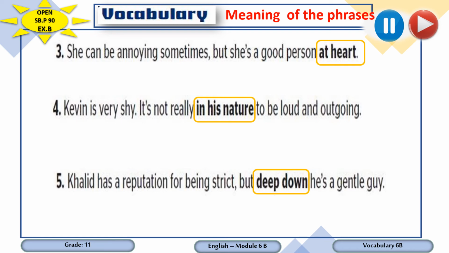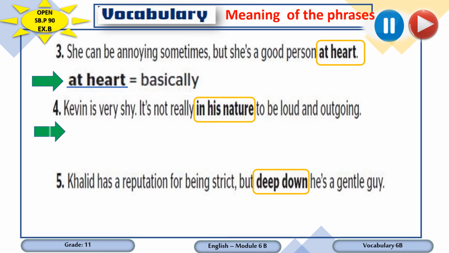Okay, now it's time to check the answers. 3. She can be annoying sometimes, but she's a good person at heart. The phrase at heart means basically. Number 4. Kevin is very shy. It's not really in his nature to be loud and outgoing.